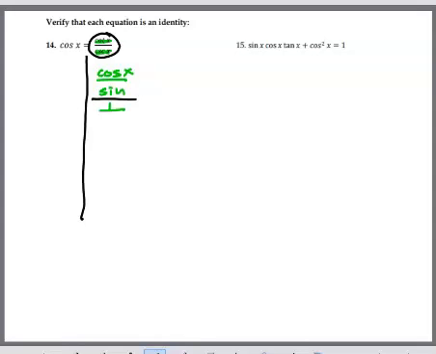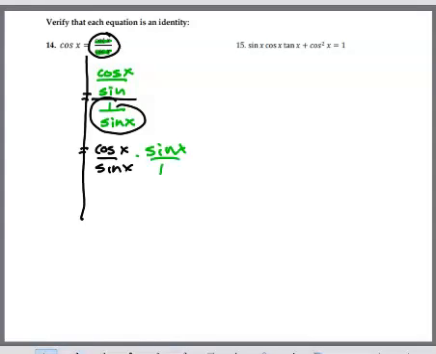Cosecant is 1 over sine. Just like before, I'm going to go cos times sine, and I'm going to multiply by the reciprocal. I'm going to multiply by sine over 1. So I'm really not looking much at the other side at all. I'm doing it just like the ones I was doing before.